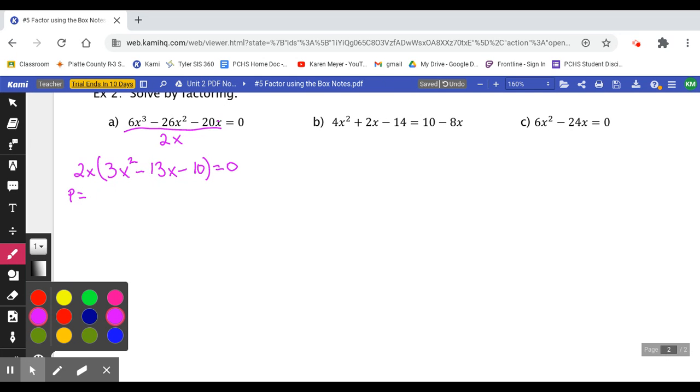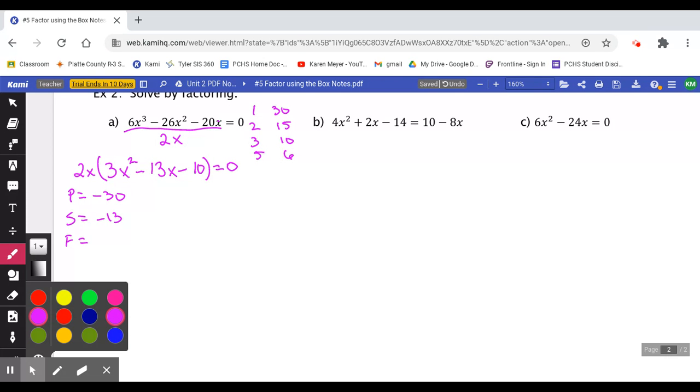Product is negative 30. Sum is negative 13. So what multiplies to negative 30 that adds to negative 13? So 30, you've got 1 and 30, 2 and 15, 3 and 10, 4 doesn't go in there, 5 and 6.